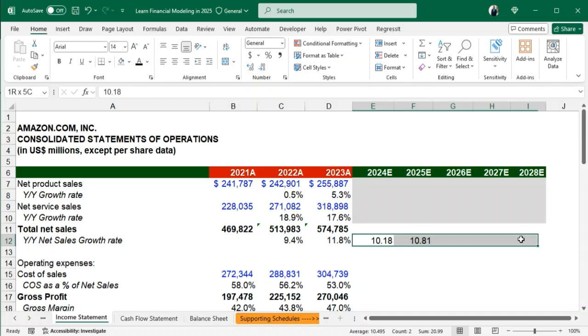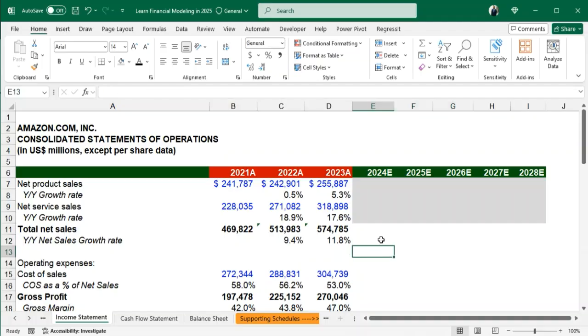Now I can format this as a percentage. So we have 10.18%, increase this to 2 decimal places.